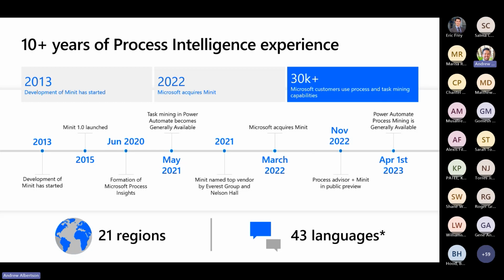The great people at Minit had started building this awesome product back in 2013. There's over 10 years of research and development, 10 years of product innovation, 10 years of working with customers, and that's why we decided we wanted to acquire them. So there's a lot of history here from this process mining perspective. And we're really excited to show what it's really evolved into today.